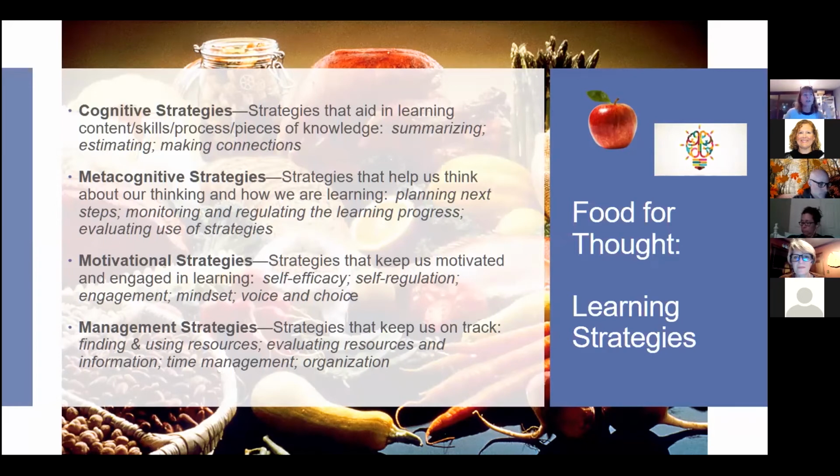Cognitive strategies are the strategies that aid us in learning around content. Anything that we do to learn the math algorithms or how to read or how to do inquiry in science, such as summarizing or estimating or making connections, those are cognitive strategies that help us learn the content.